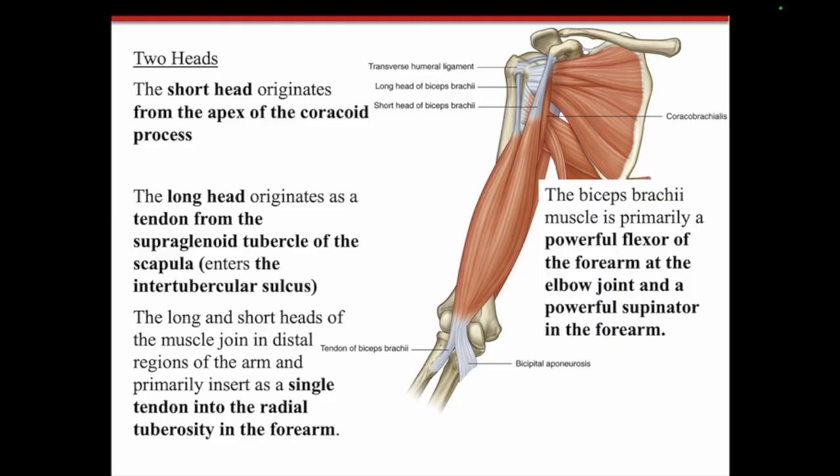It's a flexor of the forearm at the level of the elbow, but also a supinator of the forearm.